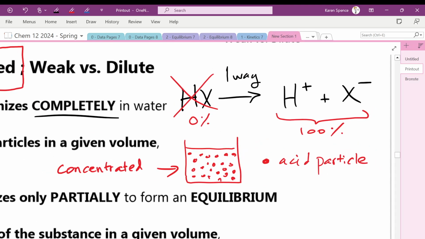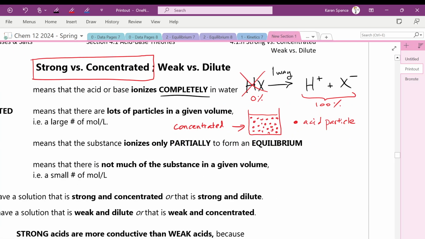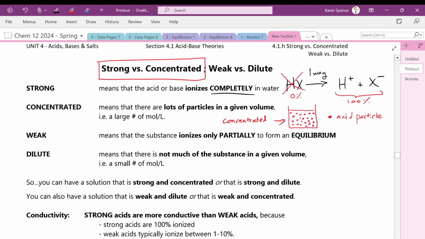Like if this is an acid and I don't tell you if it's strong or weak, do you know how much of it is dissociated? No, if I don't tell you, you cannot know how much of it is dissociated, okay? Now, dilute. What would dilute look like in comparison? Less particles, dilute. Yes, concentrated, dilute.